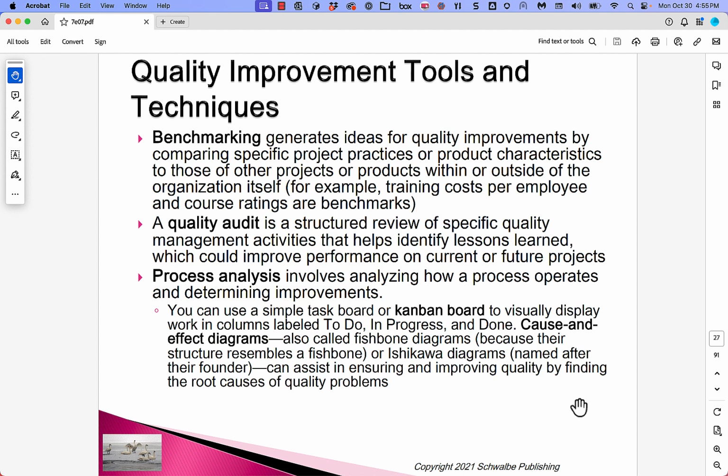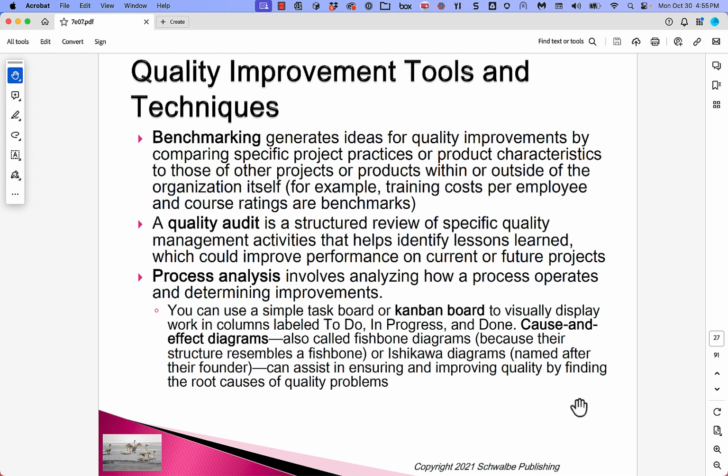It generates ideas for quality improvements by comparing specific project practices or product characteristics to those of other projects or products. It's sometimes helpful to compare ourselves to others, to look at other companies or products or project teams and say, well, what do we admire about them? What would we like to borrow from them?